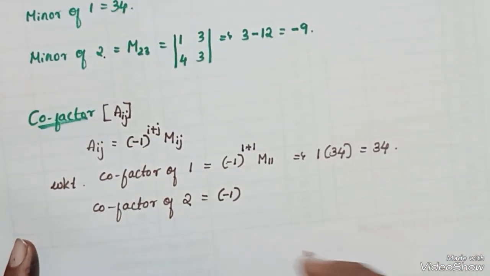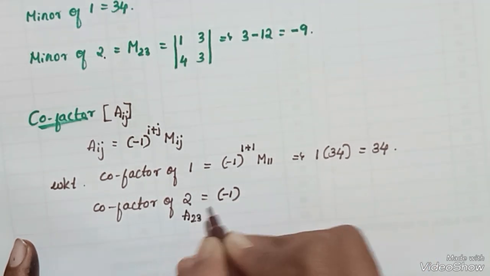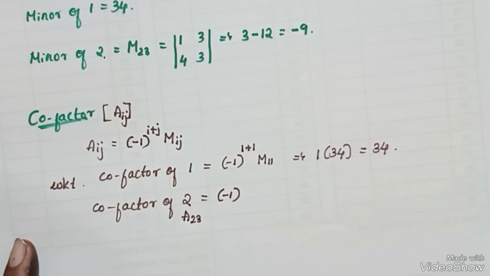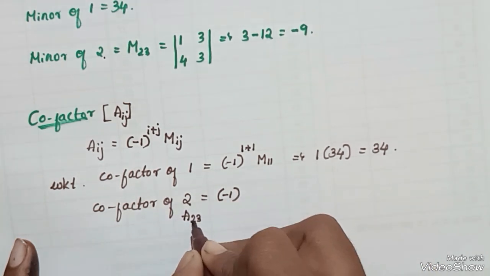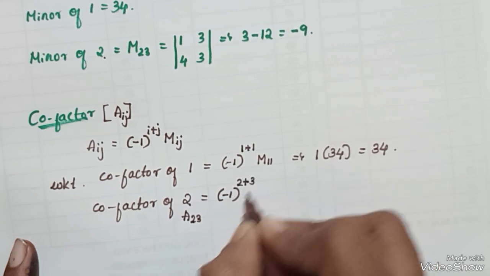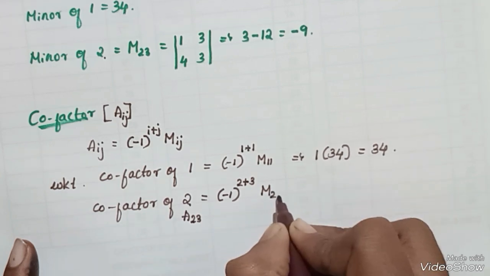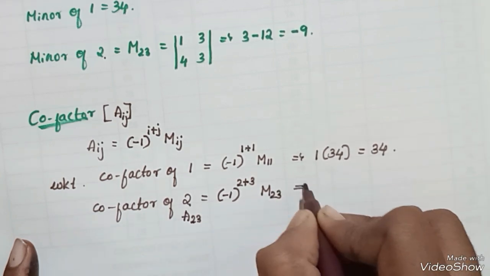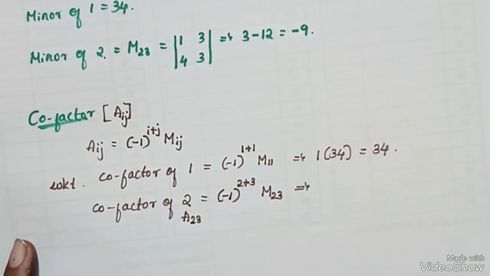The cofactor of 2 is A23, equal to minus 1 to the power 2 plus 3, that is row plus column, into M23. Minus 1 to the power 5 is minus 1.